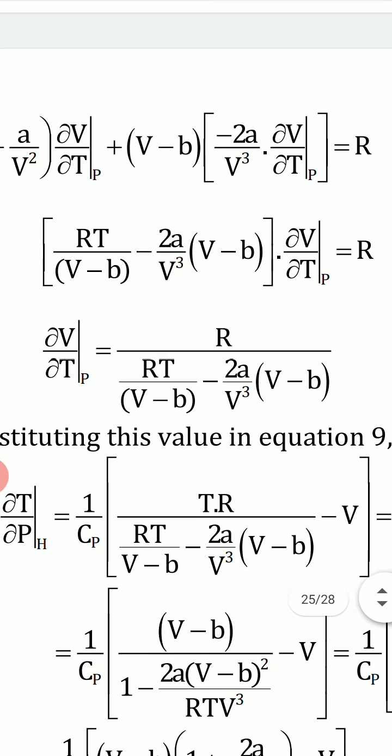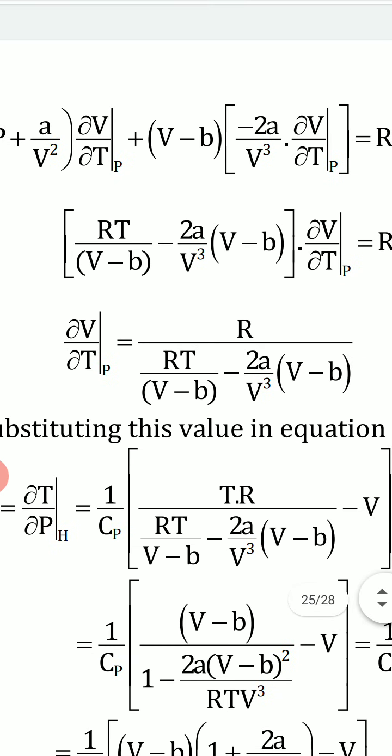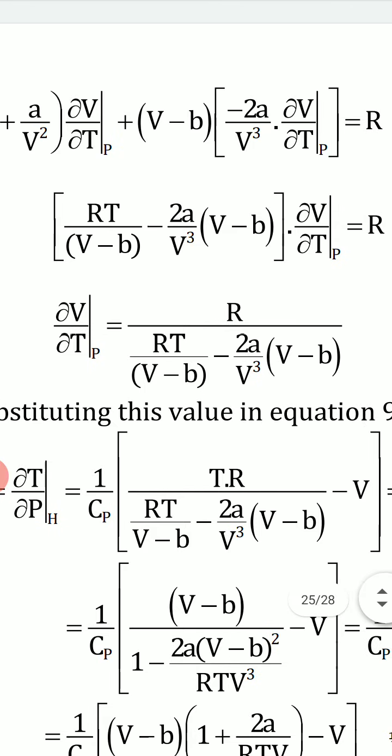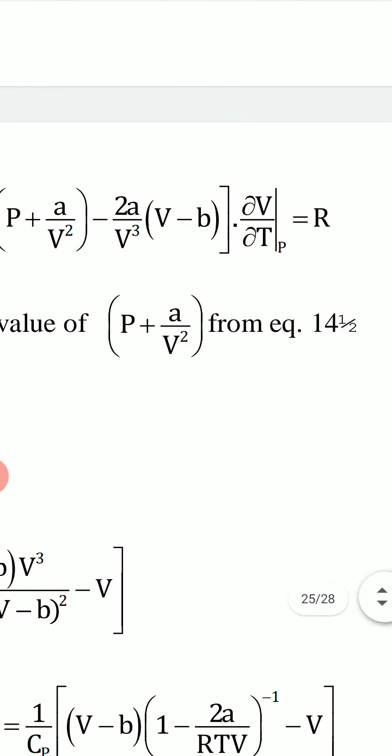Delta V upon delta T at constant P is in both the terms, take it common. Inside the bracket we have P plus A upon V square minus 2A upon V cube into V minus B, into delta V upon delta T at constant P equal to R.